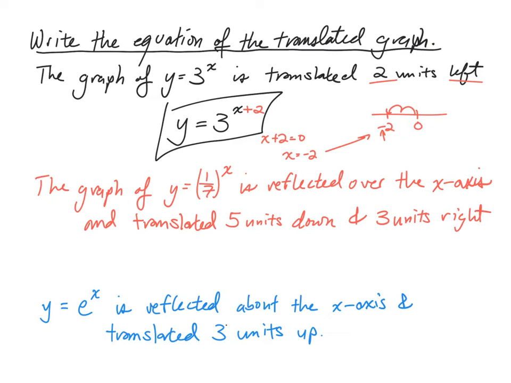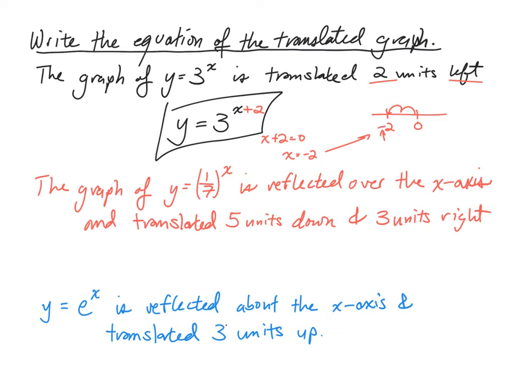The next example, we have the graph of y equals 1 over 7 to the x power is reflected over the x-axis, translated down 5 units, and 3 units right. Okay, so we just talked about this.